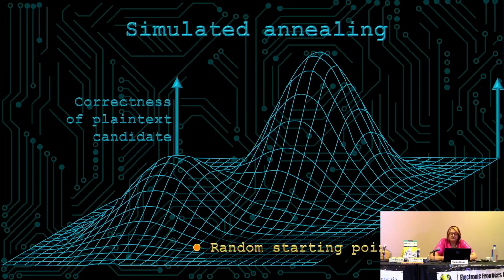One of them is called simulated annealing, which is similar to a process that's used in metallurgy. When they are heating metal and cooling it and heating it, they know that there's bubbles that form in the metal as they're doing this, and they can change the heat to change the size of the bubbles. So we can do something like that with this, where we say, okay, we only want the answers that we're getting to be so big.